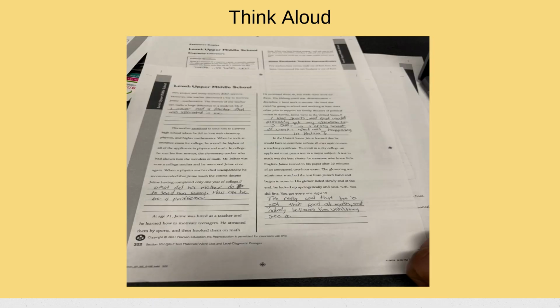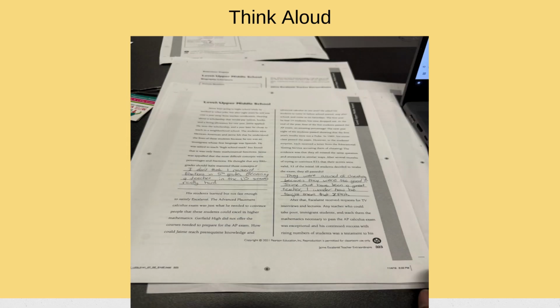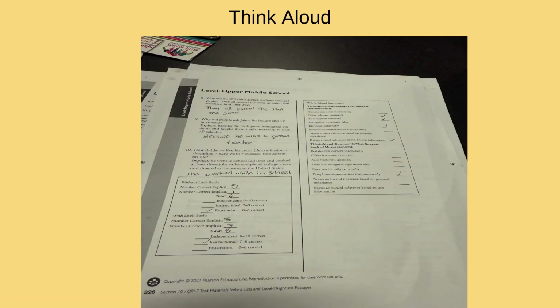Furthermore, he relates it to personal experiences, thoughts and opinions, such as how he loves sports and how the teacher using items that relate to sports to pull students in may have even worked on him. And he asks a lot of questions about what he doesn't understand, about why something may have occurred in the passage.